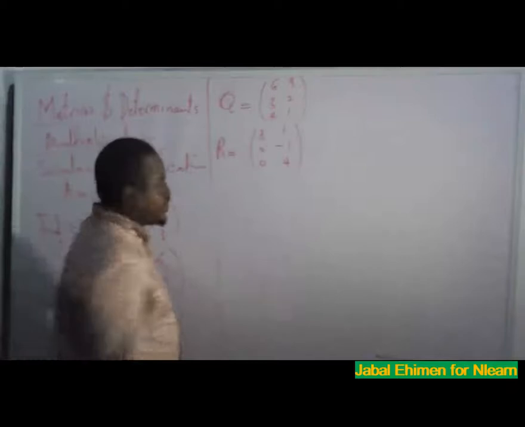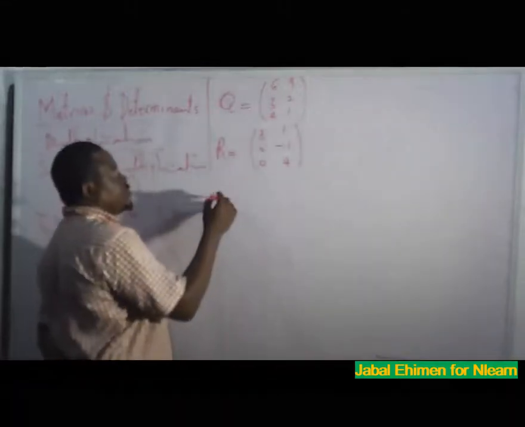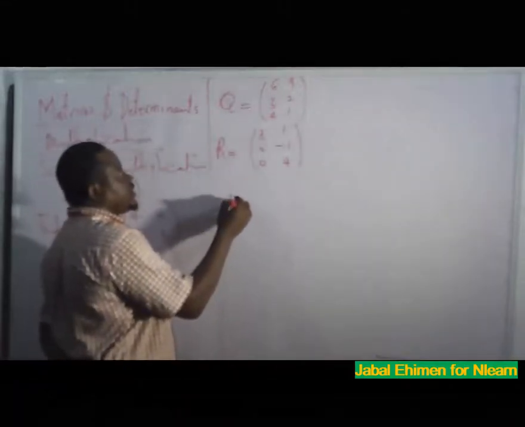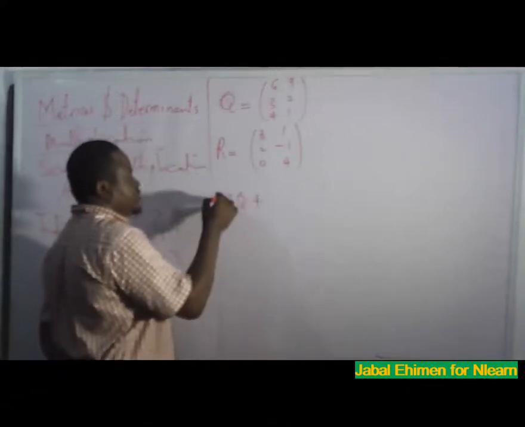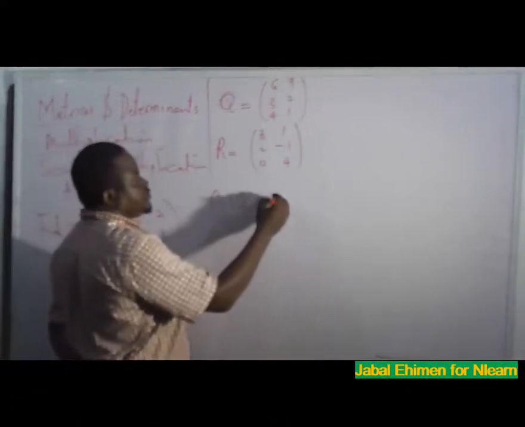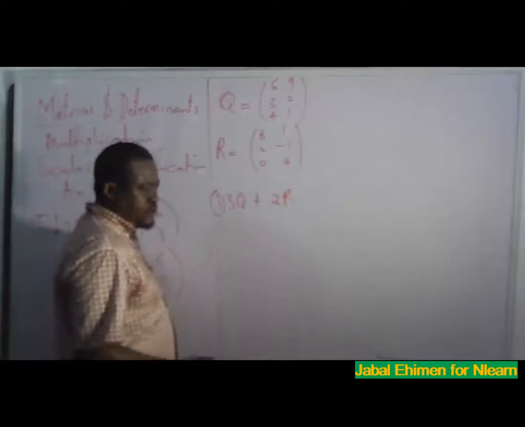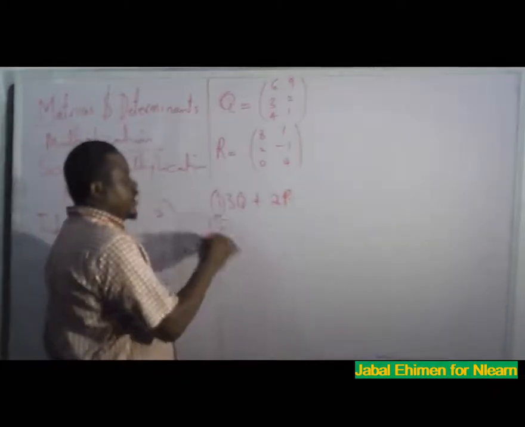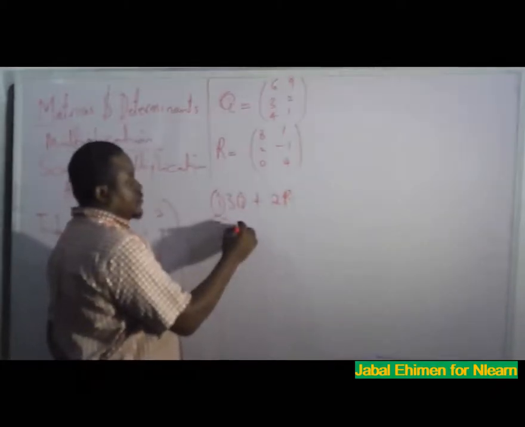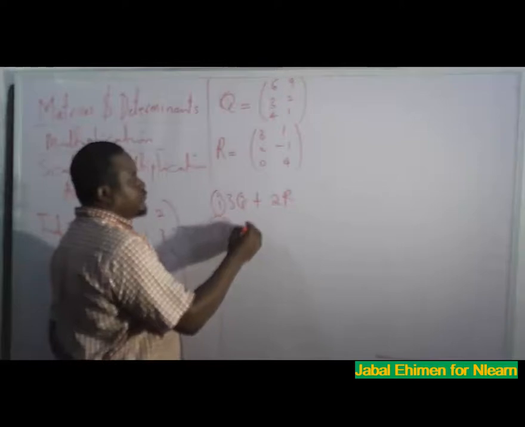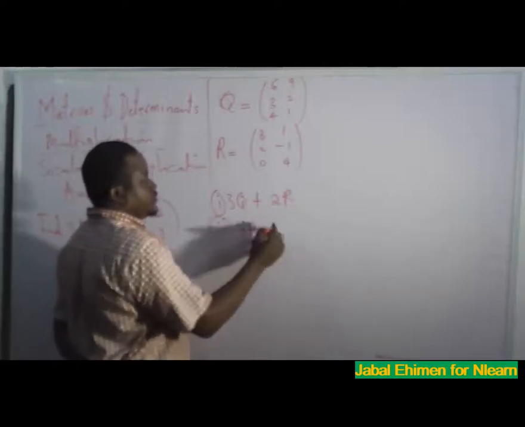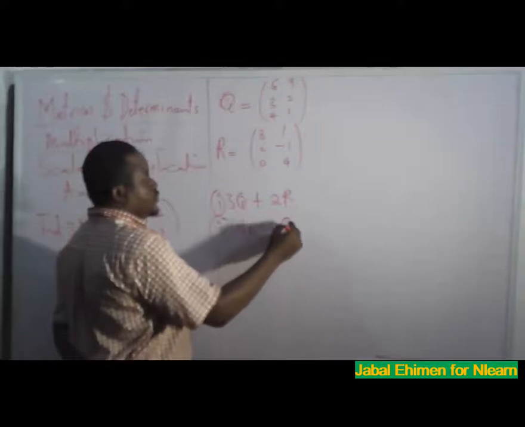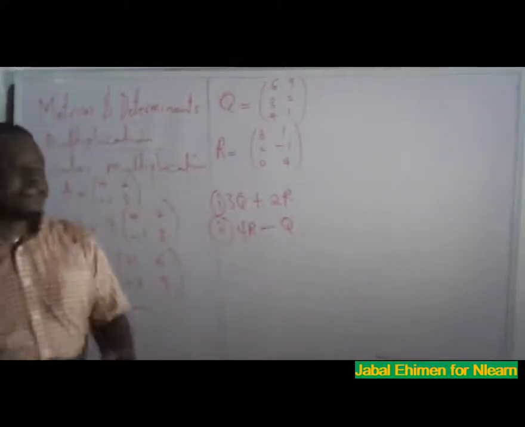If you are asked to find 3Q plus 2R, that's one. And probably for the second, you are asked to find 4R plus minus Q. You have to find this using scalar multiplication.